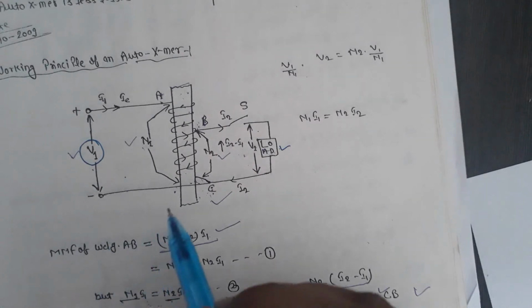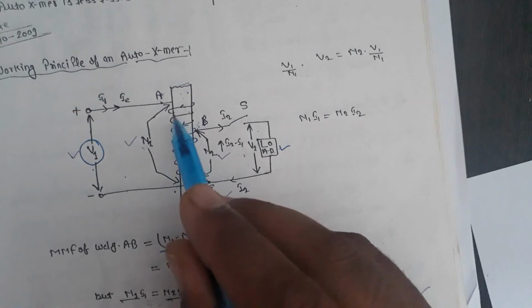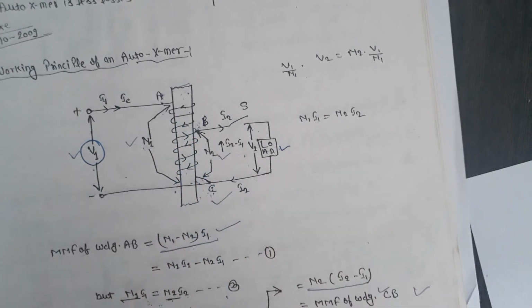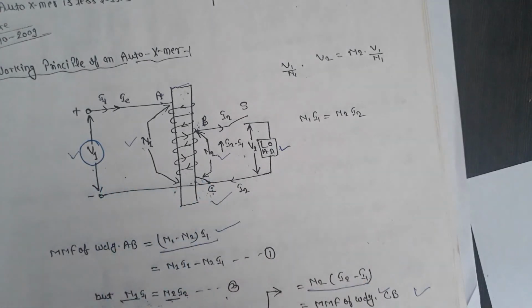Conduction is possible because the primary and secondary are electrically connected. Then the transfer of power from primary to secondary is due to induction as well as conduction. This is the basic concept of the auto transformer.